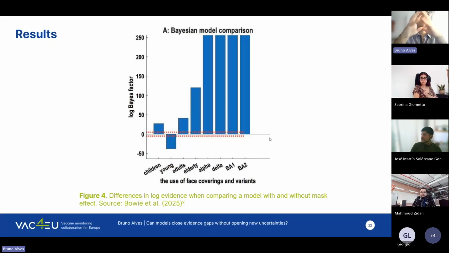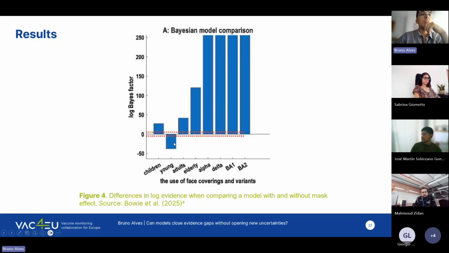So the first interesting data is this one, the Bayesian model comparison. What it tries to show us is that for each one of these, and I'm going to focus on the age groups, not on the variants, the model that assumes there is an effect because of the use of masks is stronger than the model that assumes no effect at all of the use of masks, except for the younger adults.